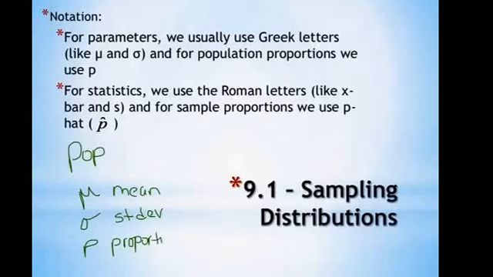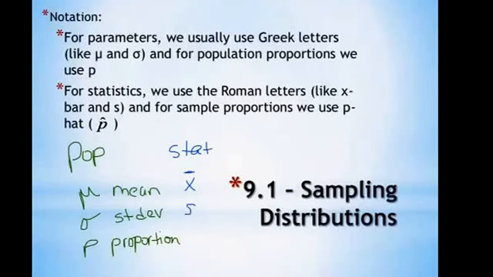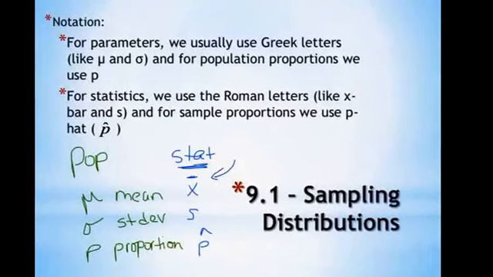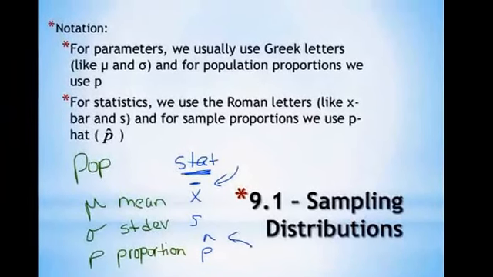Remember, proportions are usually talking about percentages. And then if I have a statistic, I use X bar, S, and then P hat. I always think of statistics having a funny symbol, so like the bar and then the hat.